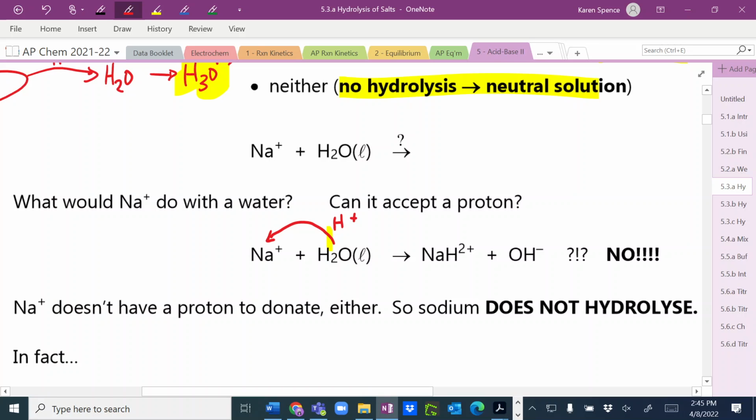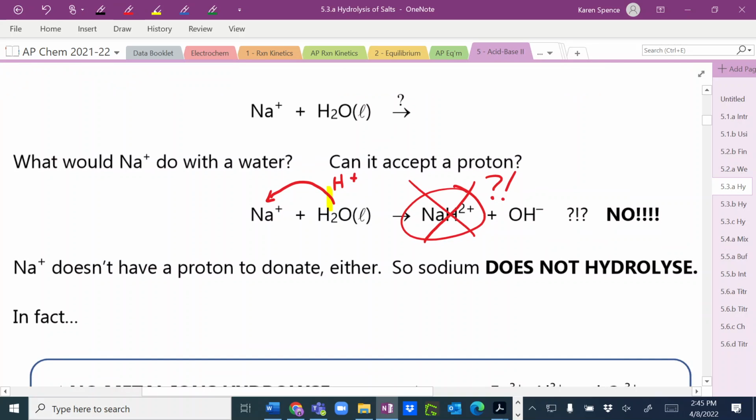Does that look good, or does that look icky? No. And also, it does not have a proton. So can it donate a proton? No. So sodium cannot accept a proton. It cannot donate a proton, so it does not hydrolyze.